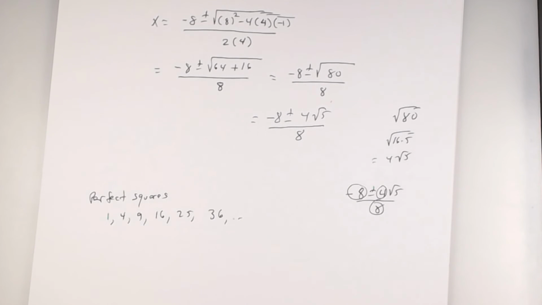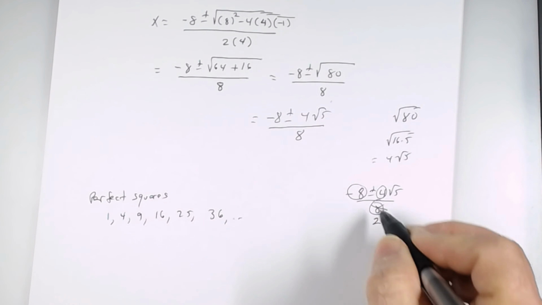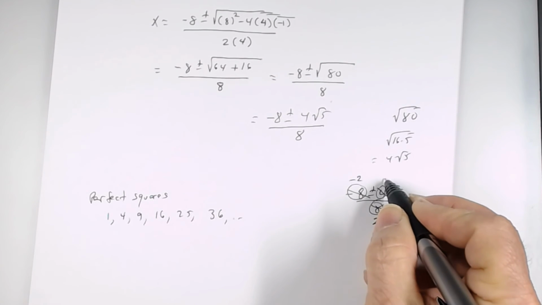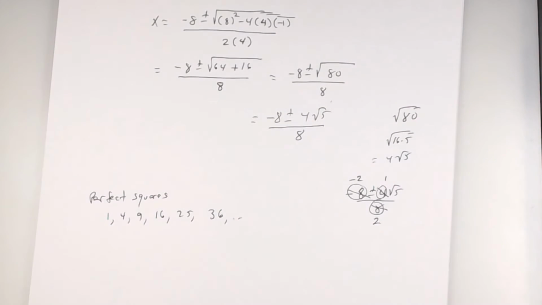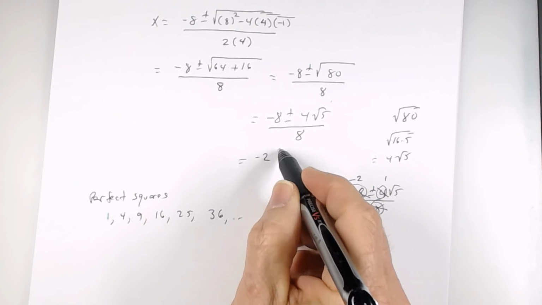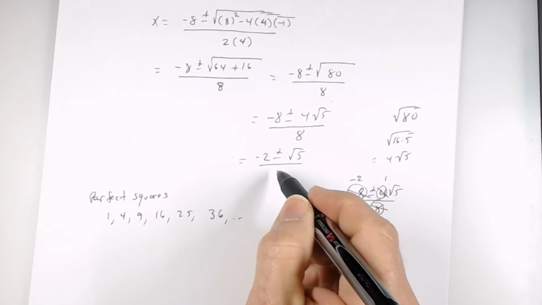So the GCF of those three numbers is 4. So 4 into 8 is 2. 4 into negative 8 is a negative 2. 4 into 4 is 1. So therefore my answer then will be what? Negative 2 plus or minus square root of 5, all divided by 2.